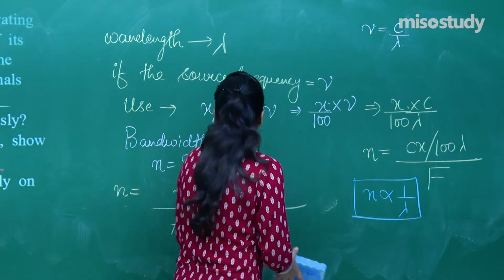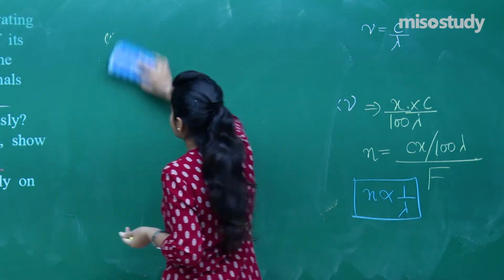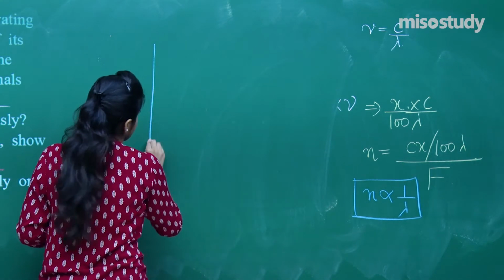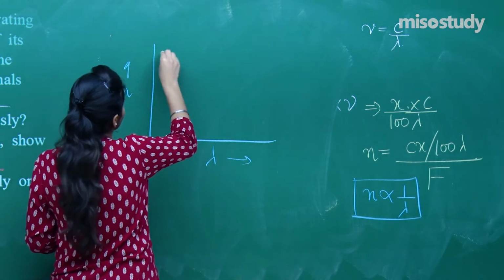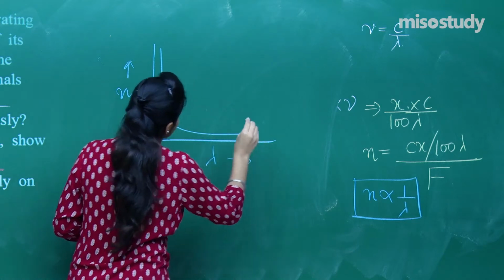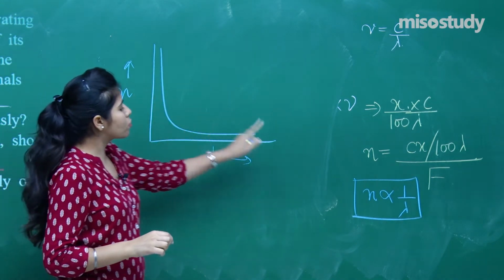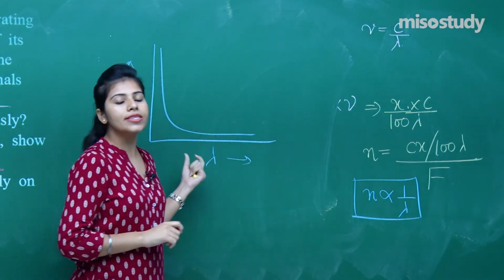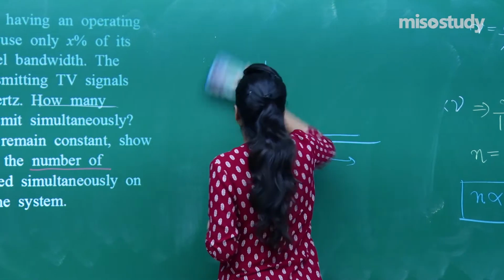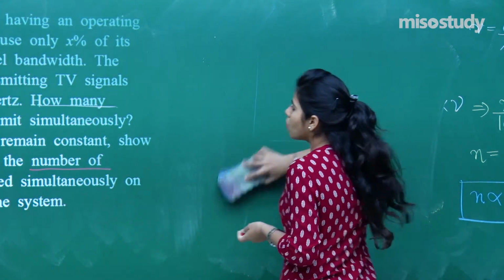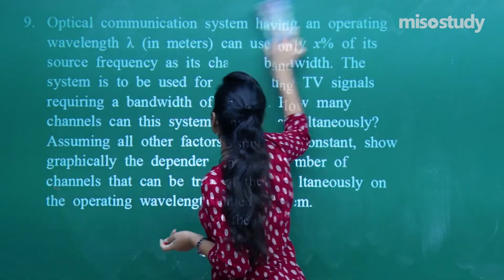So you can directly make a graph, if this is n and this is lambda, the graph will be like this. This is simple as that. Okay. So firstly you have to derive this relation, only then you can reach this point. So without wasting much time, we should now move to the next question and the last question of the session.